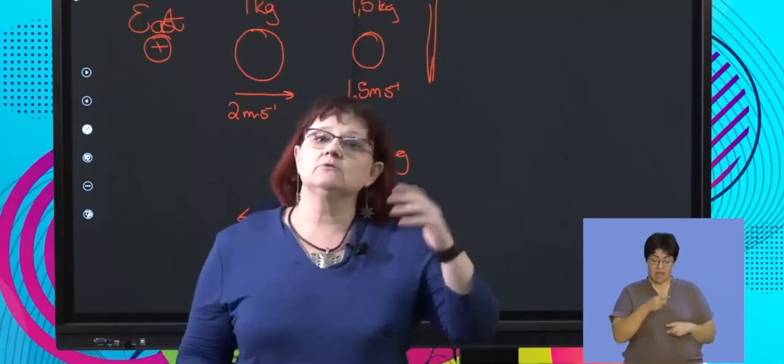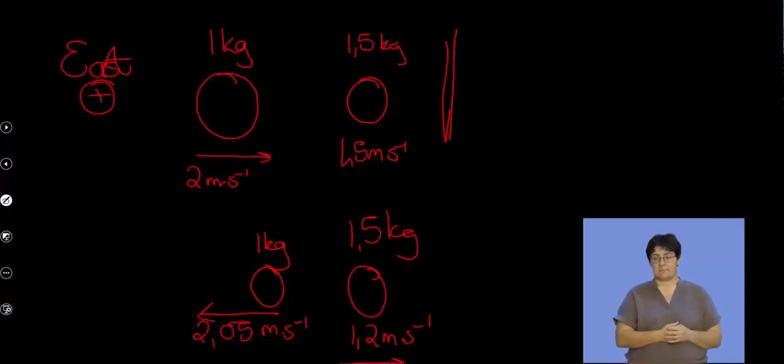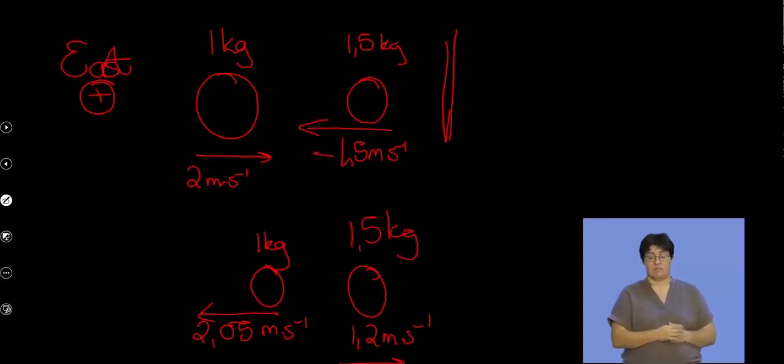Original direction, positive. So, that means for us, because that's going west, the 1.5 kilogram ball is going at minus 1.5 meters per second, and after the collision, the 1 kilogram ball is going at minus 2.05.